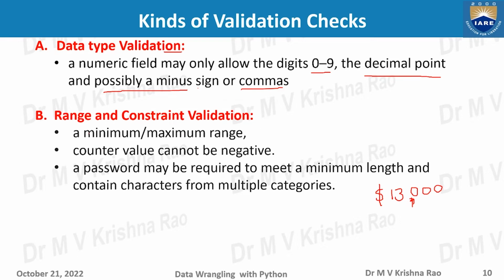Okay. Then range and constraint validation. If you take the age of children, let us say there is a column of age of children, then definitely you can limit it from a few months, maybe, or above 1 year to a maximum of 14 or 16 years. You have to fix that. So this is the range, minimum and maximum, that you set.